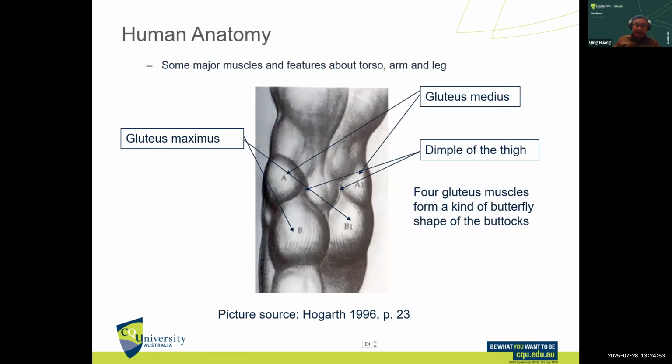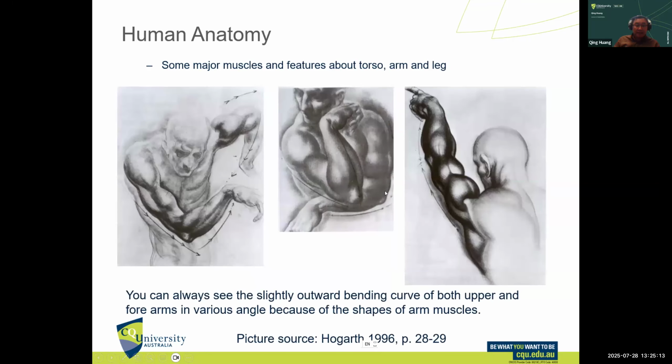All right, and that's the back of the human body with the four major group forms, sort of a butterfly shape with the dimples of the thigh, and so that's another feature of the human form. And that's the upper arm and forearm.